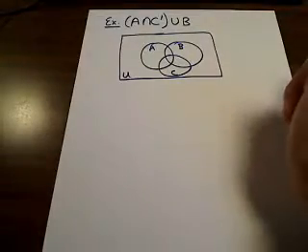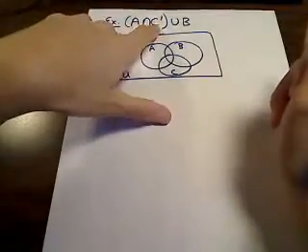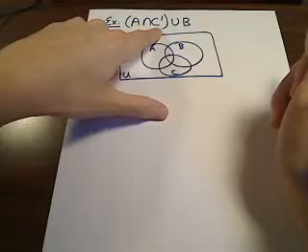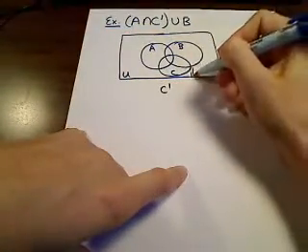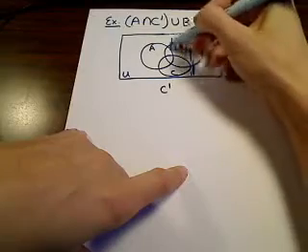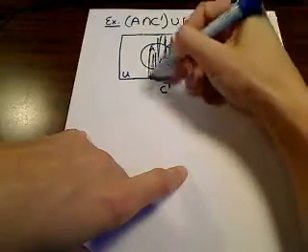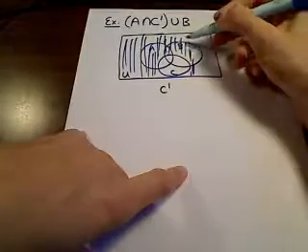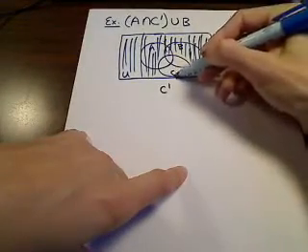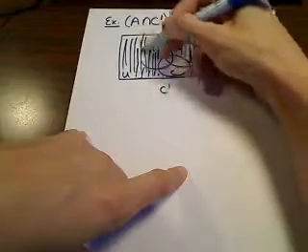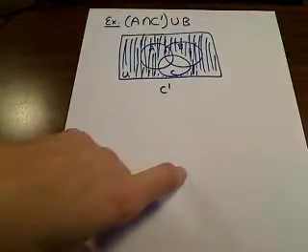All right, so I'm going to go through this. The first thing I'm going to do is identify C naught. Okay, so C naught in my diagram is going to be everything that's not C. So it's all of this stuff on the outside. Right? So everything that's not C is that.